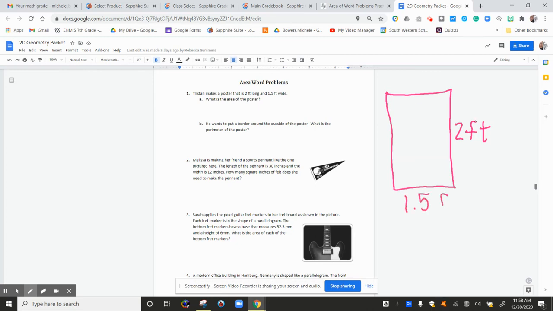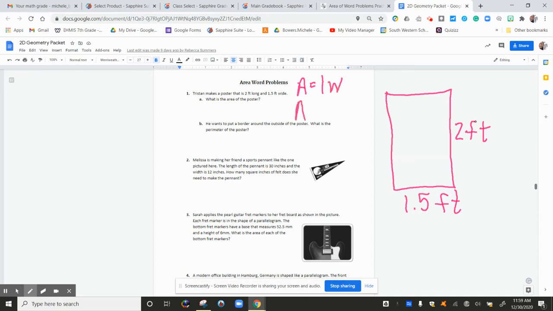Since it's a rectangle, it doesn't matter which way it goes. I could have labeled it the other way, but this made the most sense to me. It's asking me for the area. The formula for the area of a rectangle, which I look up on my formula sheet if I don't remember, is length times width.